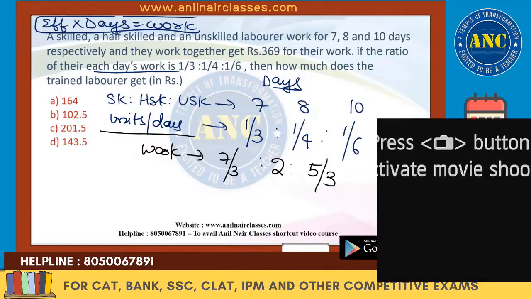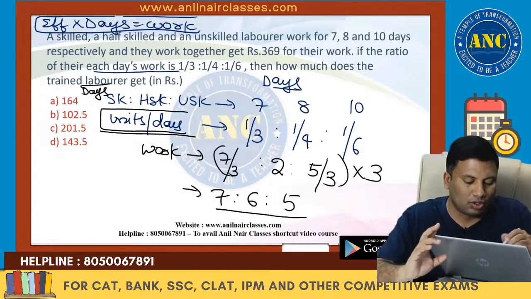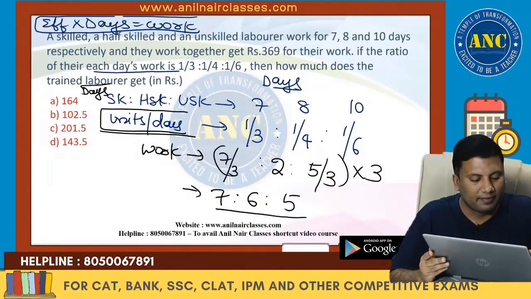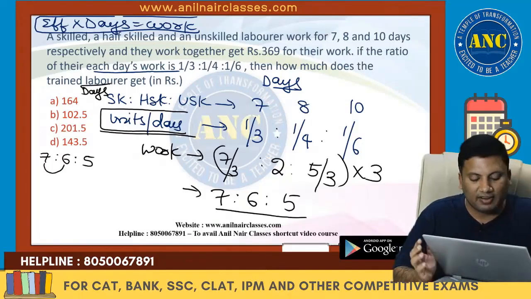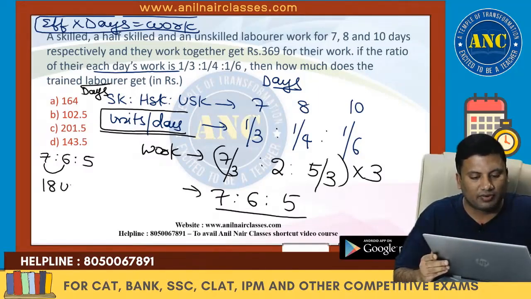So if I multiply by 3, these are nothing but 7 is to 6 is to 5. This is nothing but units per day, this is nothing but days. So total I got 7 units, 6 units, 5 units. So totally how many units are there? 7 plus 6, 13. 13 plus 5, 18 units work is there.